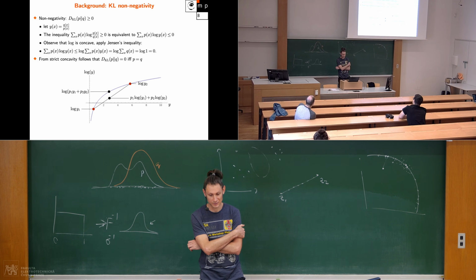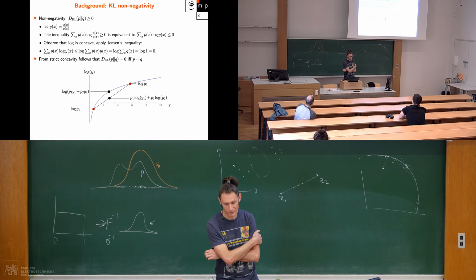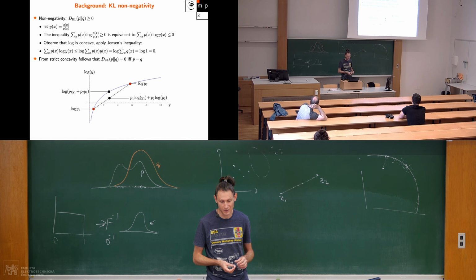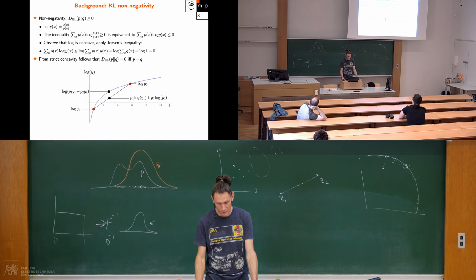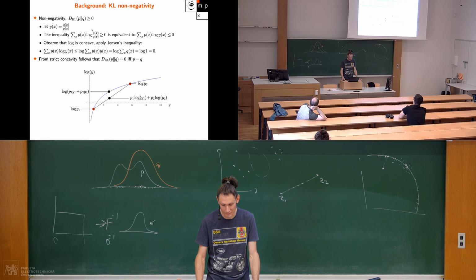In all of these places this same inequality is used, and it can already be seen in the non-negativity of KL divergence. So what happens? We want to show that this expression is non-negative, despite the logarithm being negative sometimes.